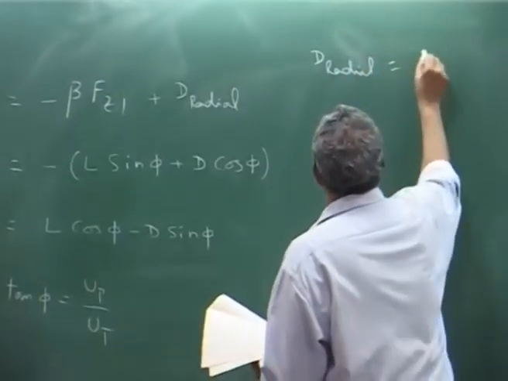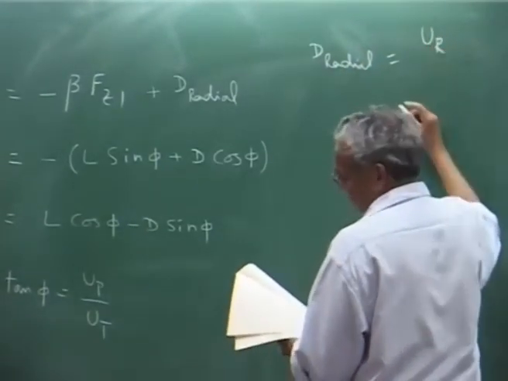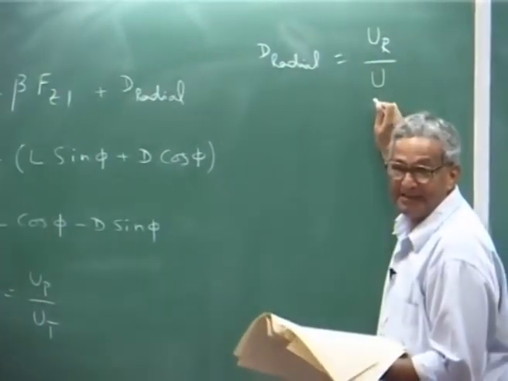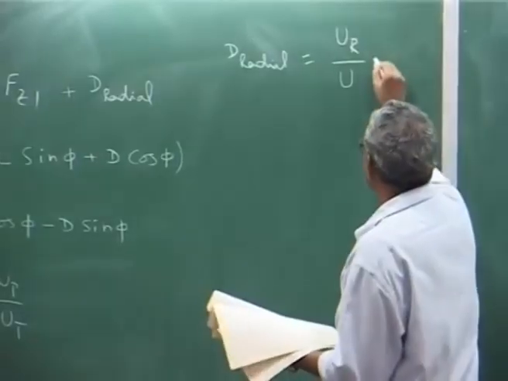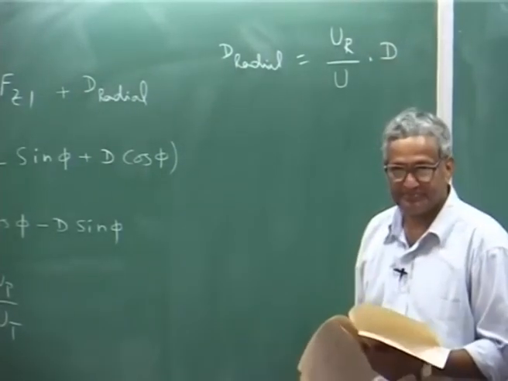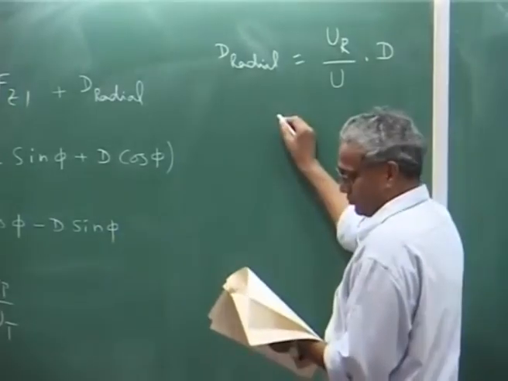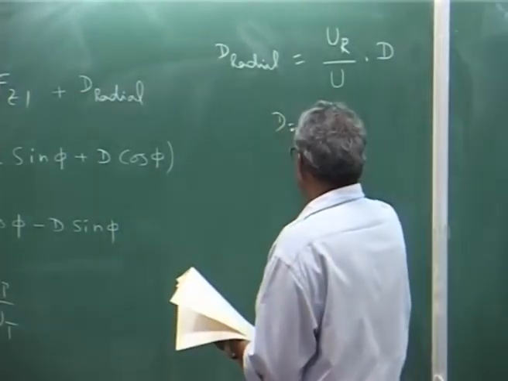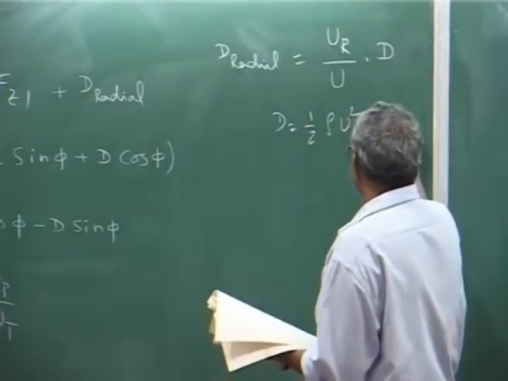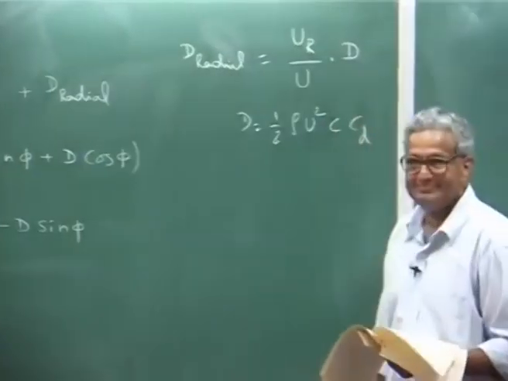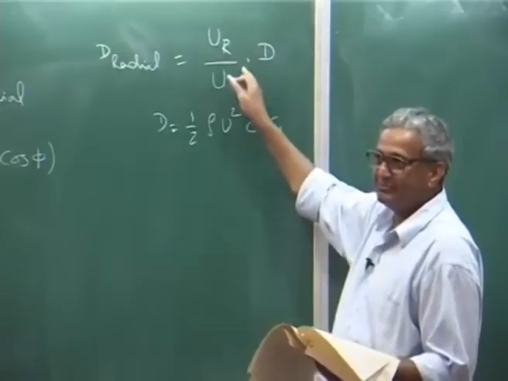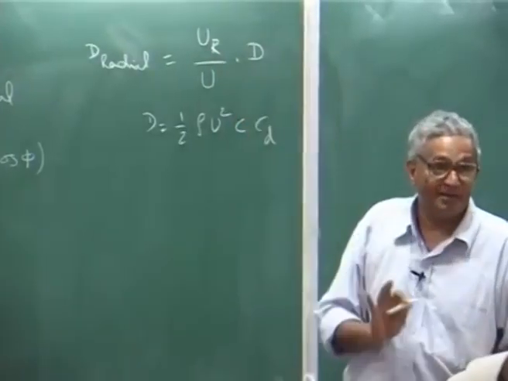It is taken as u radial over total resultant flow into drag on the blade. Okay. Drag on the blade, you know that d is given by half rho u square c c d, and this is just some fraction of the component, that is all.